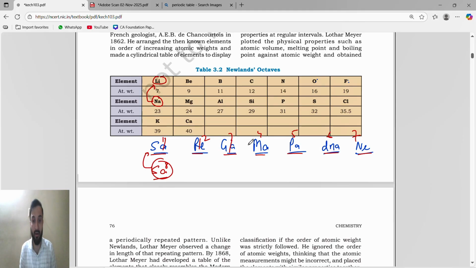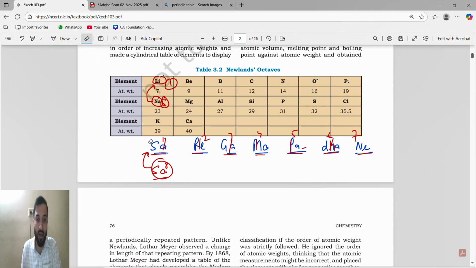Sa re ga ma pa dha ni, again sa. Sa means again the 8th, so every 8th element shows the properties of the first element.